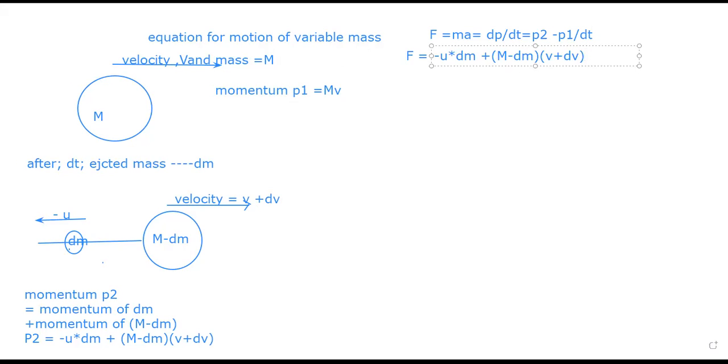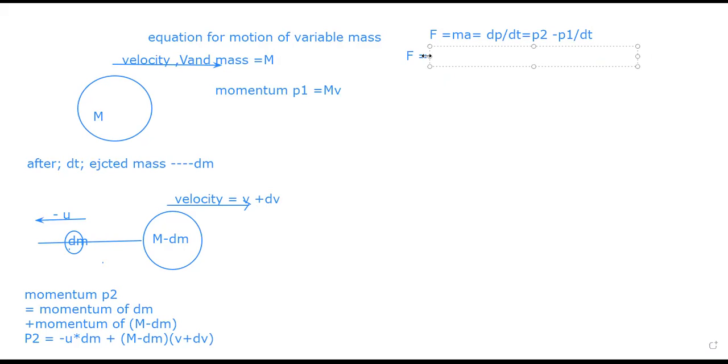And minus, so P1 is mv and the whole is divided by dt. So we have to write dt. So let me write once again here.